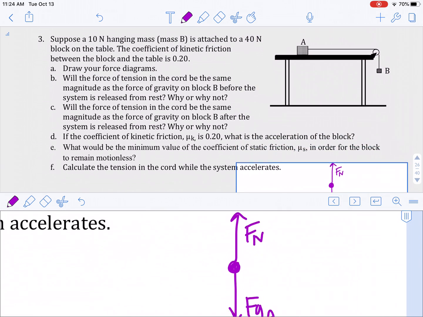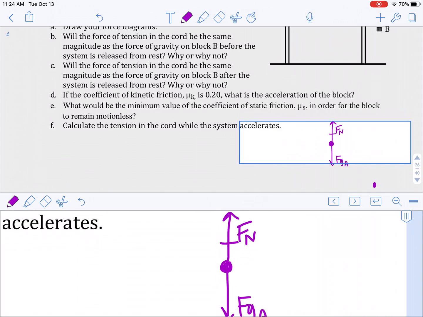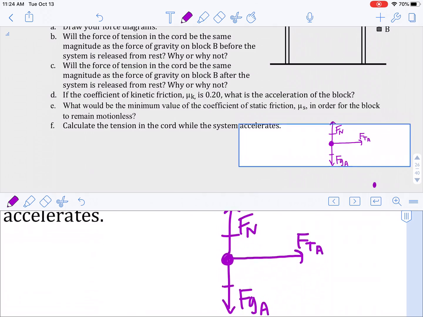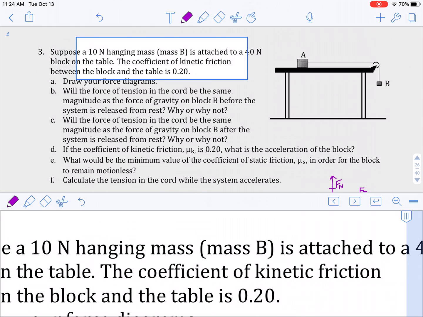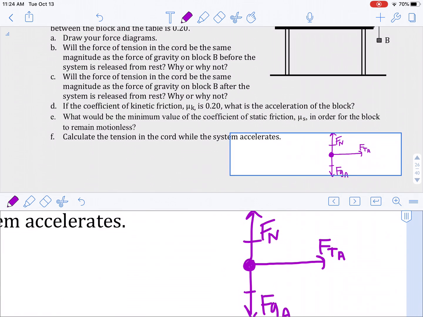These are going to be equal and opposite because we don't have any other forces acting on the block in the vertical direction. There is a force of tension to the right, and there will be a force of friction as well, because we have the coefficient of kinetic friction. The force of friction will oppose the motion of block A.